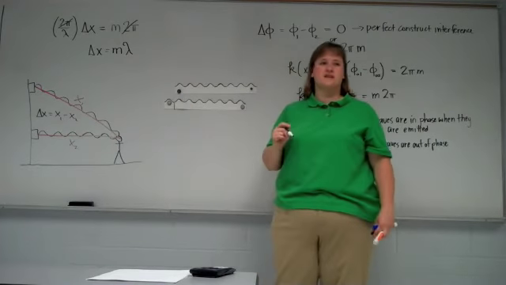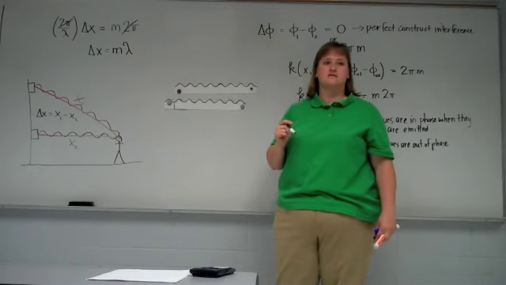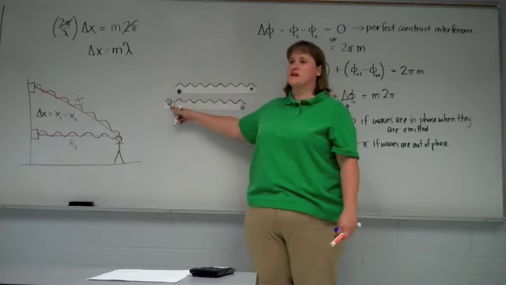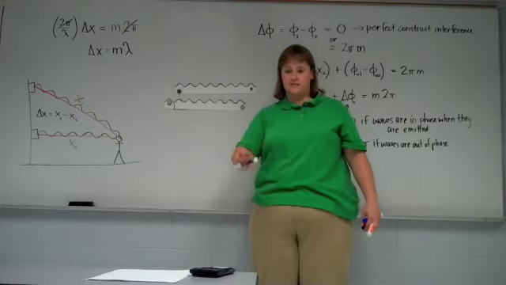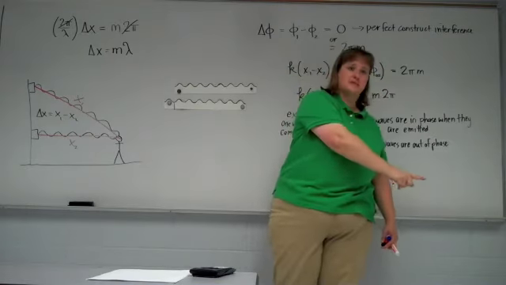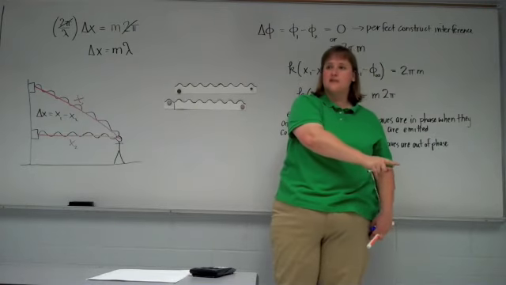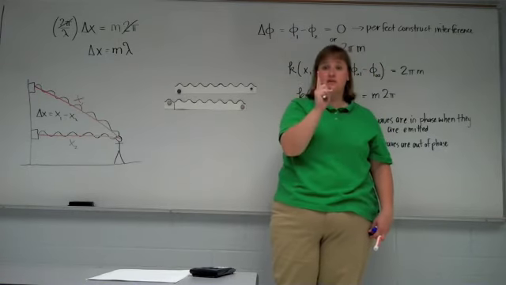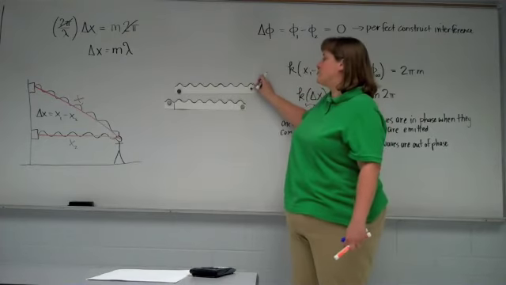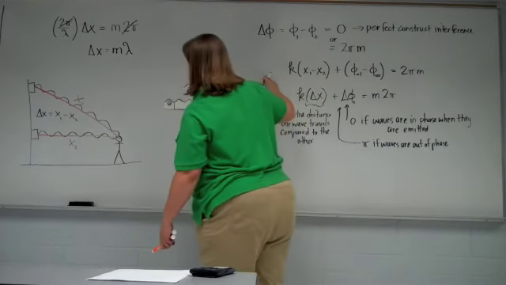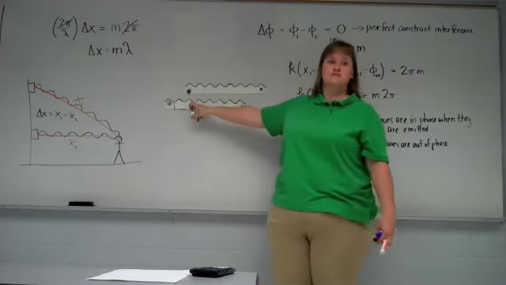This would represent the extra distance. How much of a wavelength is that? Peak, a valley, all the way back up and down, back to a valley. It's a whole wavelength. But I could pull this over and line that top peak up with this one.